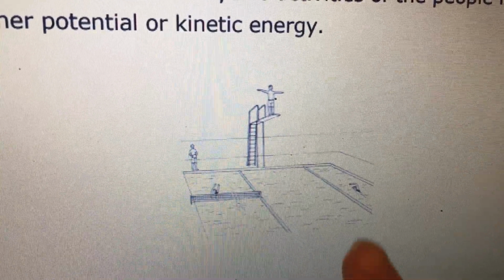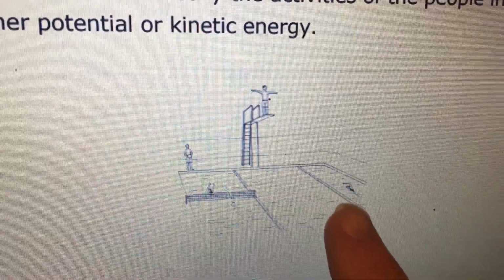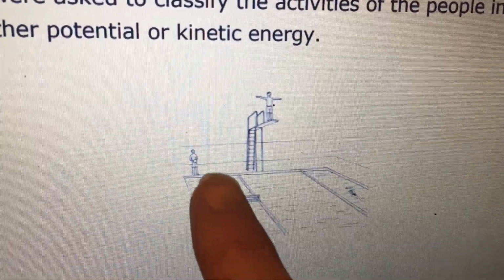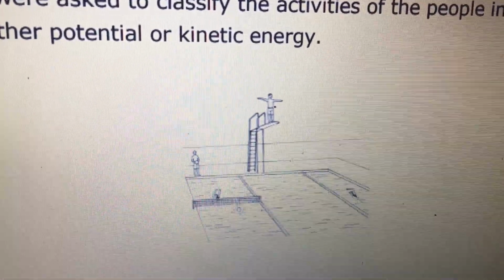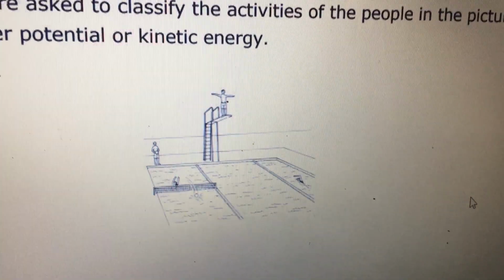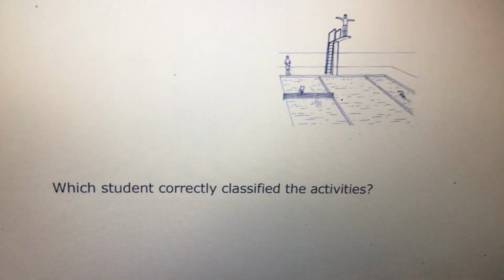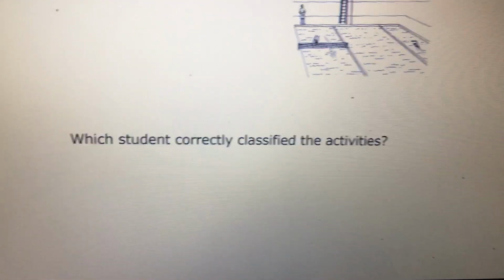There's a girl swimming laps in the pool over here. There is somebody playing volleyball in the pool. There's somebody standing on the outside of the pool holding a volleyball. So our question says, which student correctly classified the activities of these people? So here's your options.